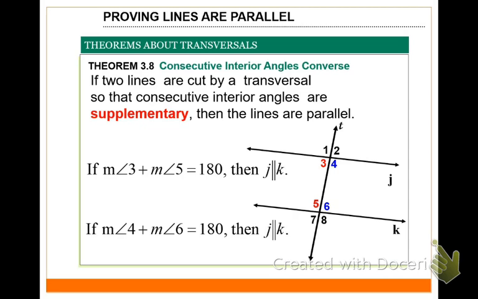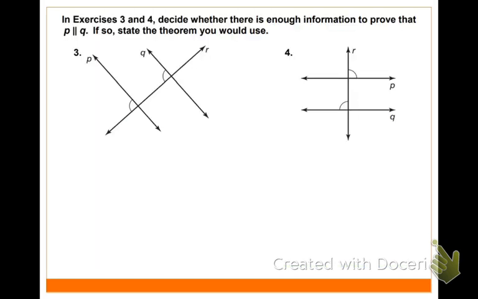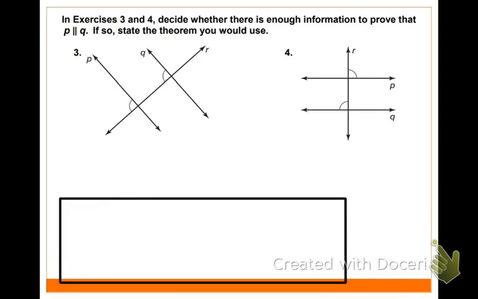Okay, so we're going to use them. We're going to go to the bottom of the notes. Decide whether there is enough information to prove that P, what does this symbol mean? This one up here, is parallel to Q. If so, state the theorem. So you can just tell me what relationship you used. There are 4 options. There would be corresponding, like we talked about. What do corresponding angles have to be? Congruent.